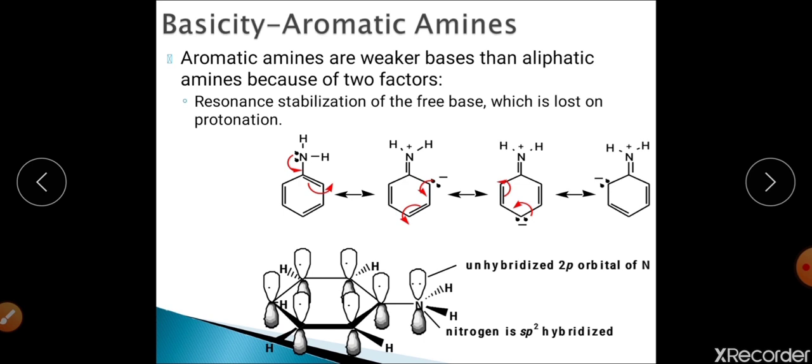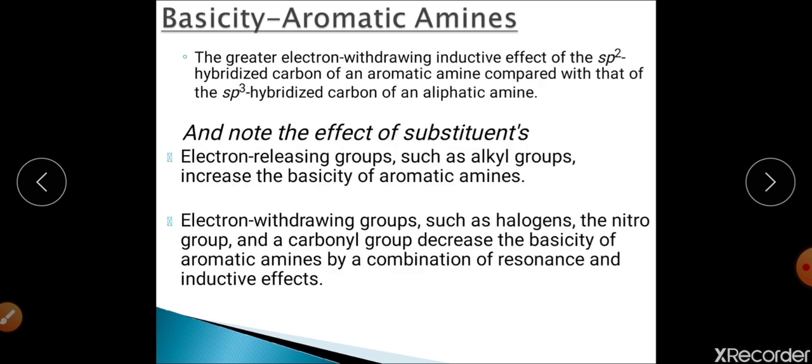So because of that reason, this free electron pair on the nitrogen will be tightly held and will not be available for bond formation with H positive. So that's why aromatic amines are generally less basic in comparison to aliphatic amines.